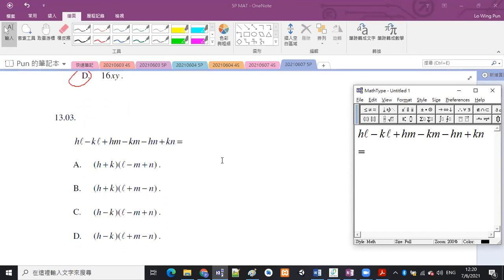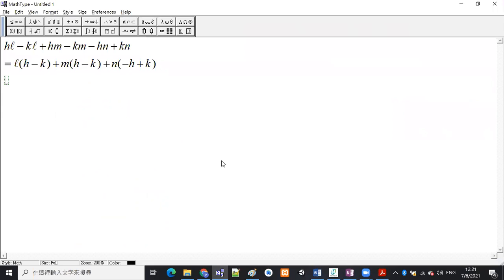So can you see the common factors from the first two terms, L, and then we have H minus K, and then from the second two terms, take out the M, also have H minus K. For the third term, take out the N, we have negative H plus K, okay? For the first two terms, we have H minus K, H minus K. But for the third bracket, we have negative H plus K.